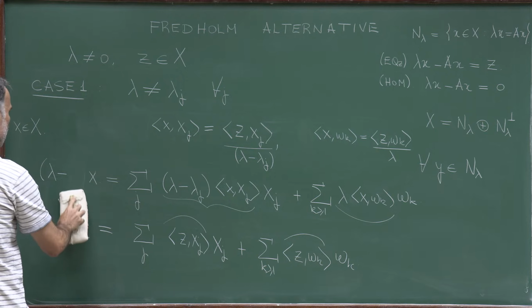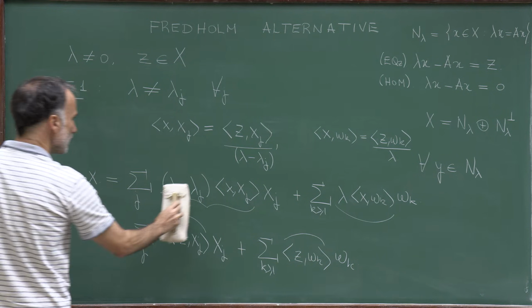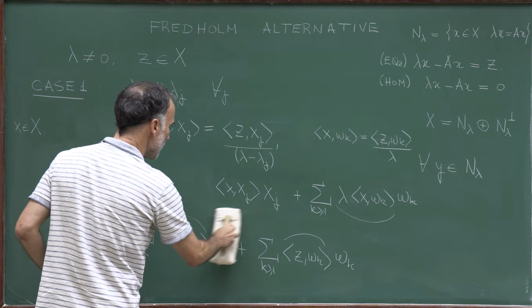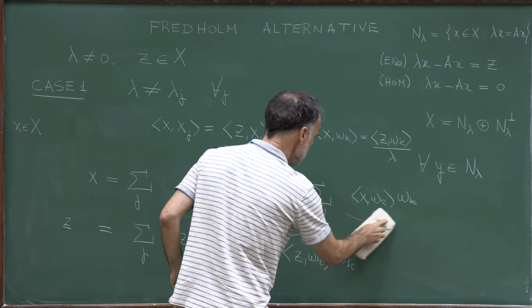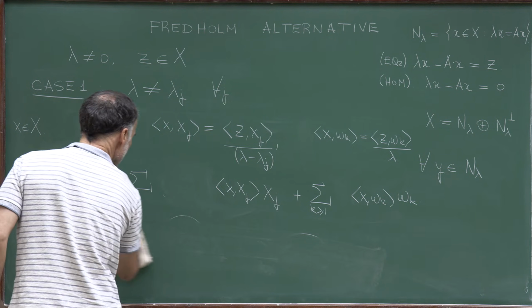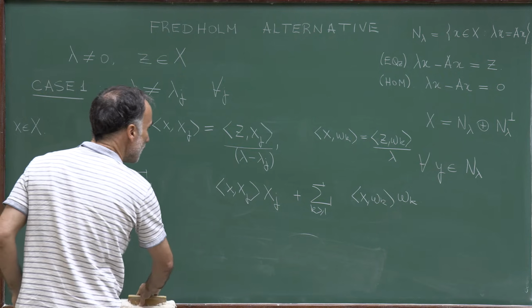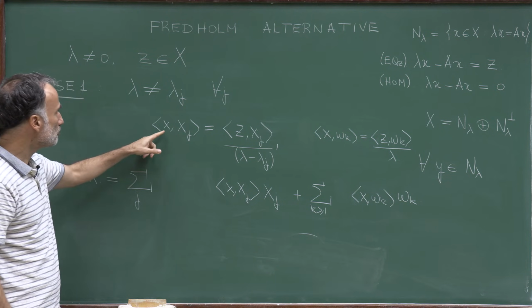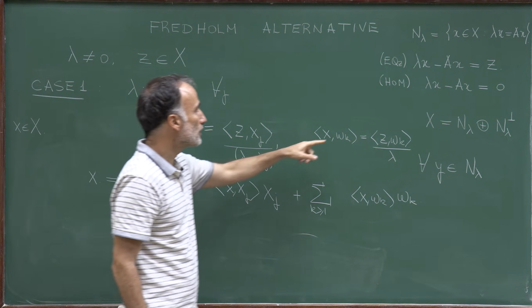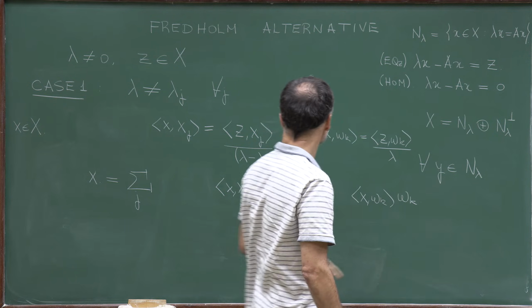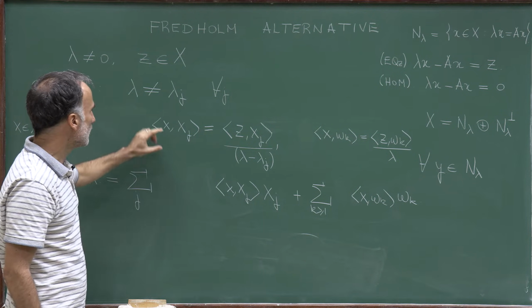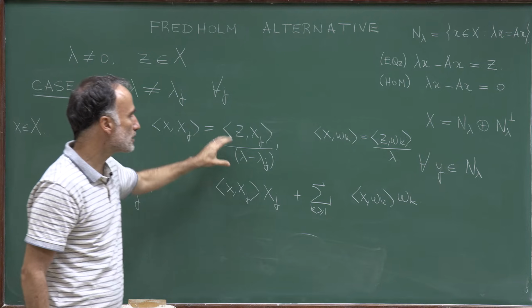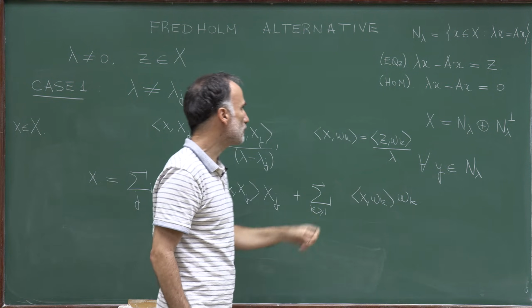Remember that x is given by the sum, and I just computed that if I want this equality to hold, then (x, xj) should be given by this, and (x, wk) should be given by that.